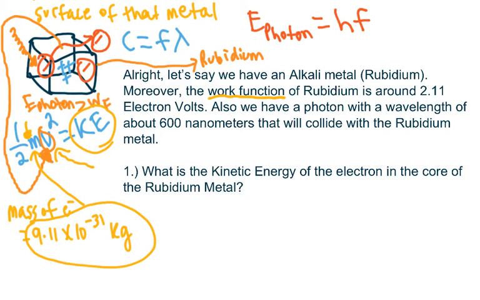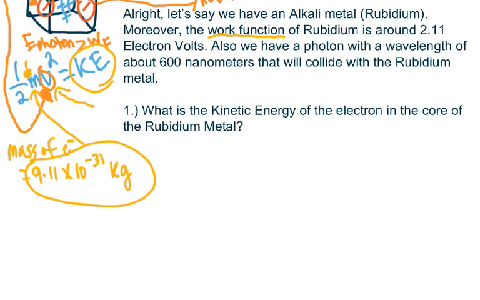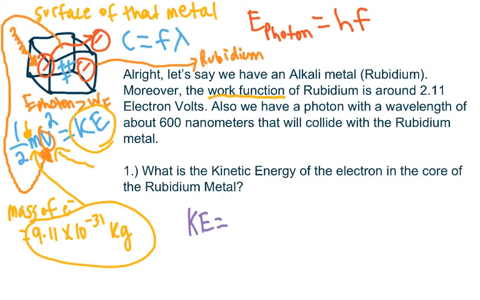Knowing that concept, let's try to solve the question. What is the kinetic energy of the electron in the core of the rubidium metal? First step, let's write down our equation: kinetic energy is equal to the energy of the photon.